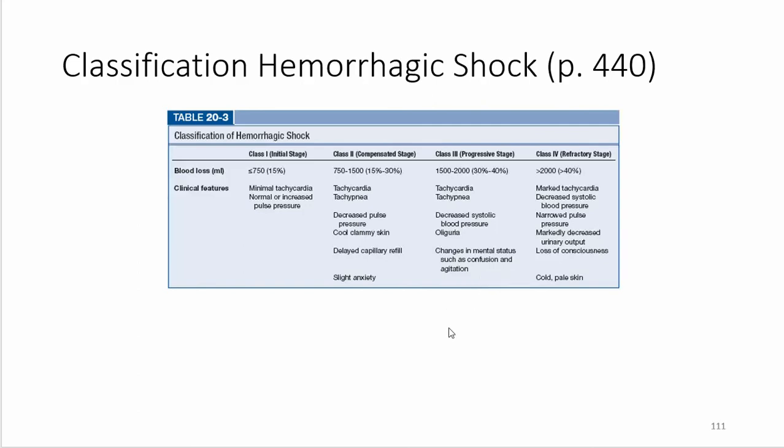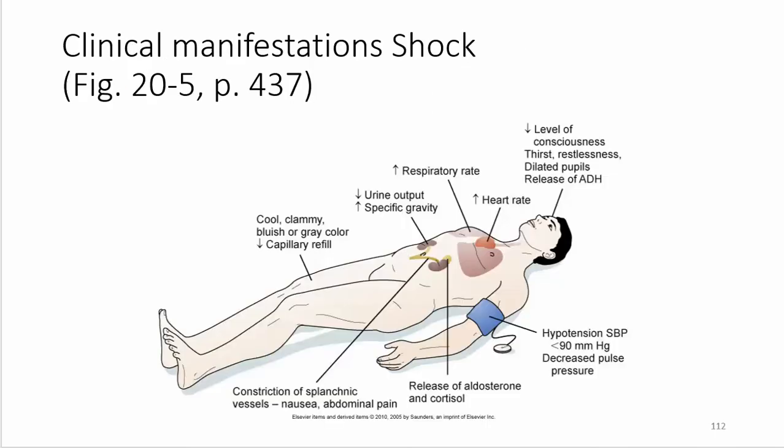And not enough ATP going on in the central nervous system, confusion, agitation. In the refractory stage, you've lost a lot of blood and narrowed pulse pressure, loss of consciousness, cold skin, and who knows where that's going to go. So this figure talks about all of that stuff.